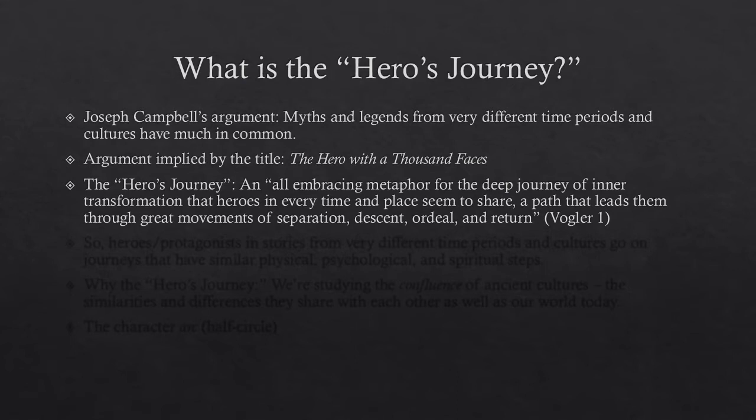And he says this happens in every time and place, which goes back to Campbell's idea of the hero with 1,000 faces, that this inner journey the hero experienced is something people from all places and cultures and times share. And kind of the steps of that journey are separation, descent, ordeal, and return. Campbell divides the hero's journey into, I think, about 12 steps, and so Vogler here is kind of combining some of those steps to show a more simplified process: separation, descent, ordeal, and return.